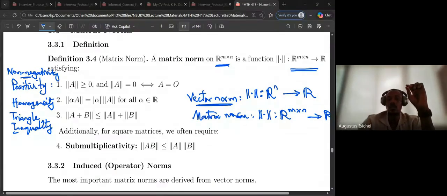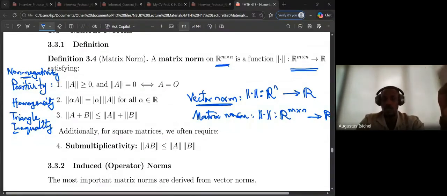Okay, so that's it. So the same properties must be satisfied: positivity or non-negativity, homogeneity, and triangle inequality.